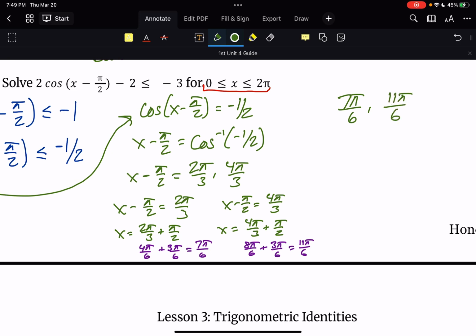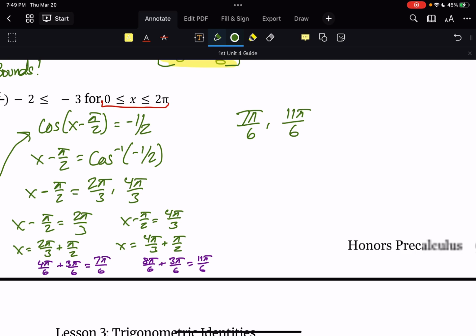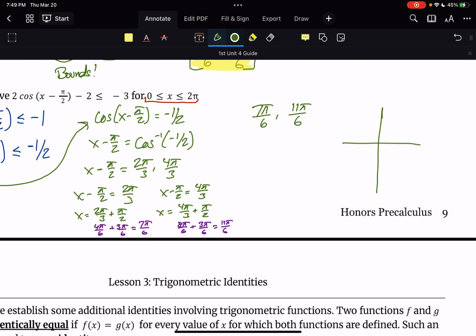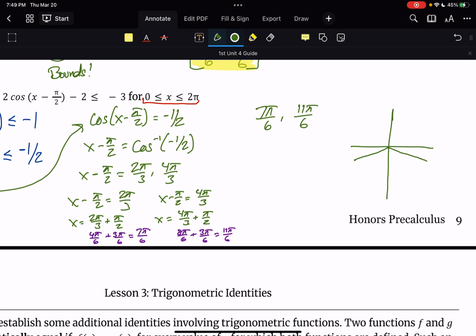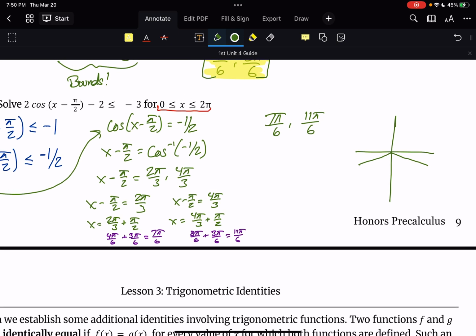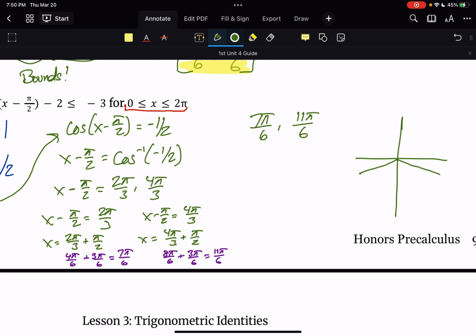So if we think about them on the unit circle, 7 pi over 6 is right around there, 11 pi over 6 is right around there. So I want an x value that is going to be less than or equal to those values there.